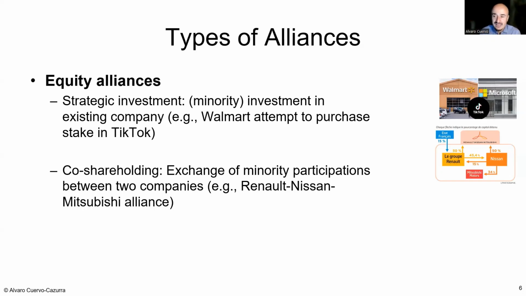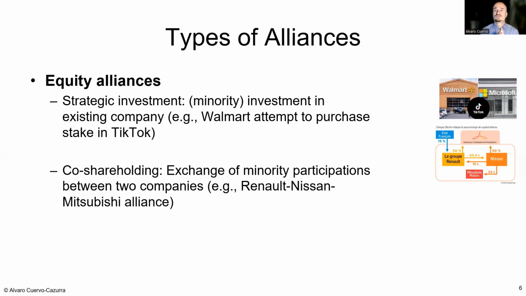For example, the relationship between the French car maker Renault and the Japanese car maker Nissan, in which there was some exchange of participations in the late 90s, which led to a really well-established alliance.